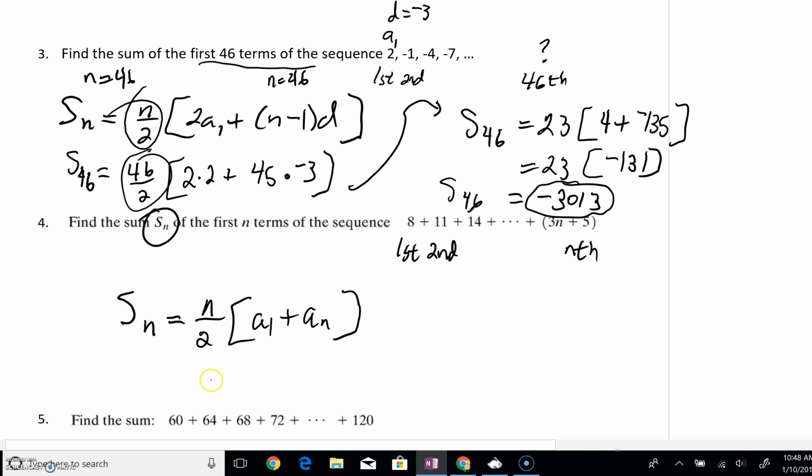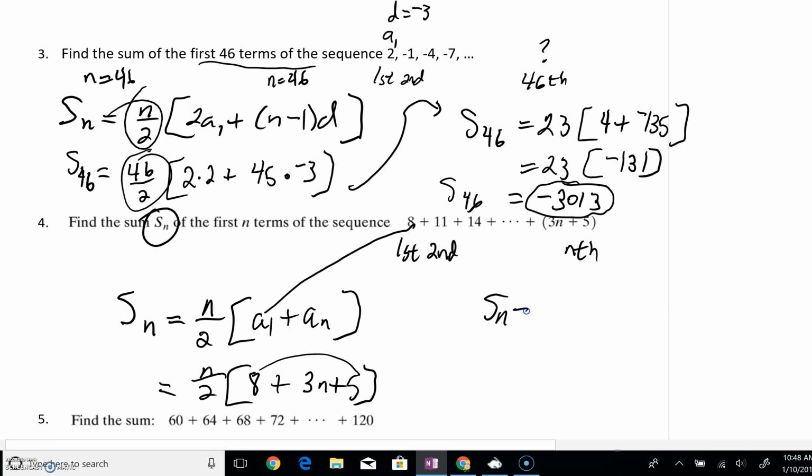We can say, look, n is just n itself. My a sub 1 is an 8. And a sub n is going to be 3n plus 5. So we could go ahead and just work this out. 5 plus 8 is going to be 13. So we'll have 13 plus 3n.